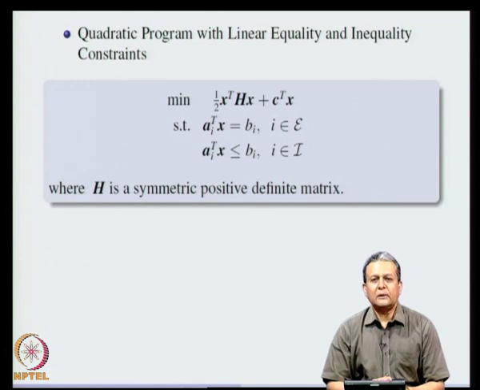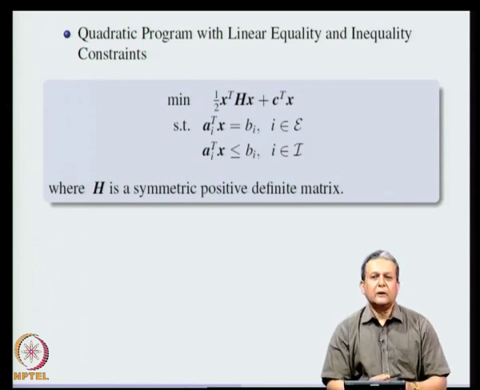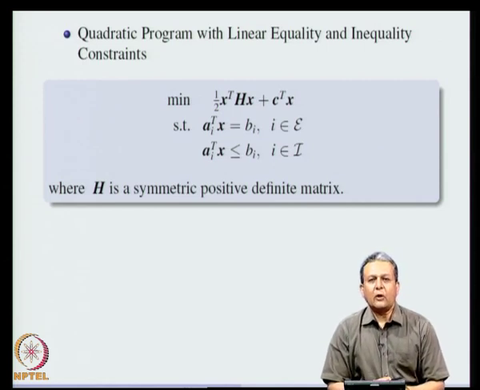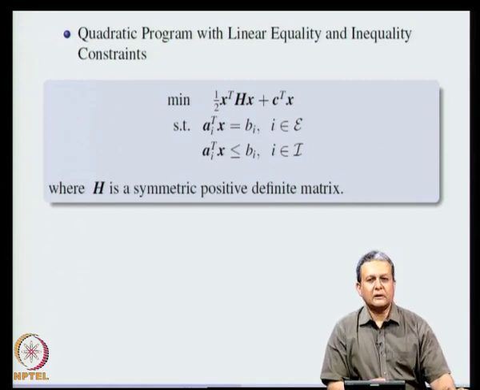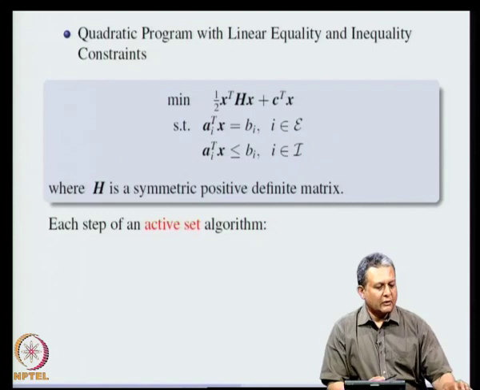If it is in the feasible set, then at that point we find the new active set of constraints, and if it is not feasible, then we have to bring the solution back to the feasible region, and this process needs to be repeated till we get the optimal solution. This simple procedure is called the active set method, and let us study this algorithm now.